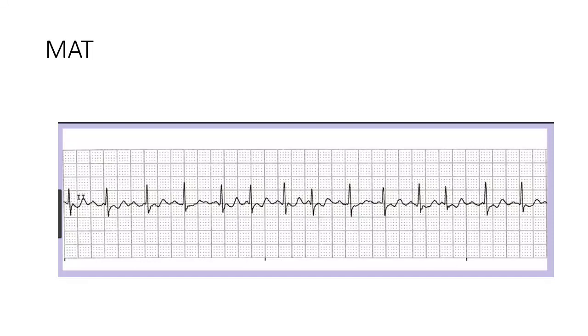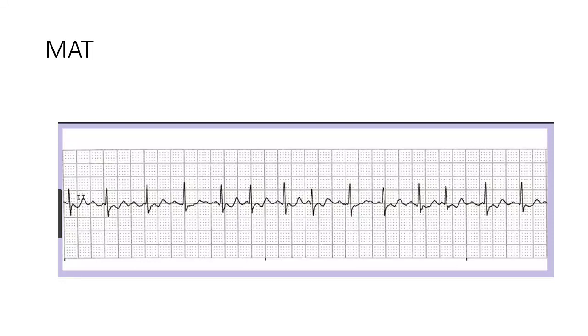So if you think about your atria, here's your heart. Your atria is over here. We've got a spot here that fires and it makes it down to the AV node. Now we've got one that fires closer, makes it down to the AV node. Now maybe we've got one that fires over here and it takes longer to make it down. So that's what's going to make it irregular.